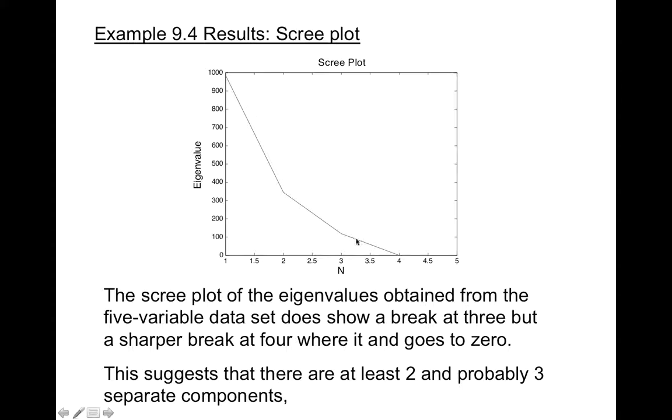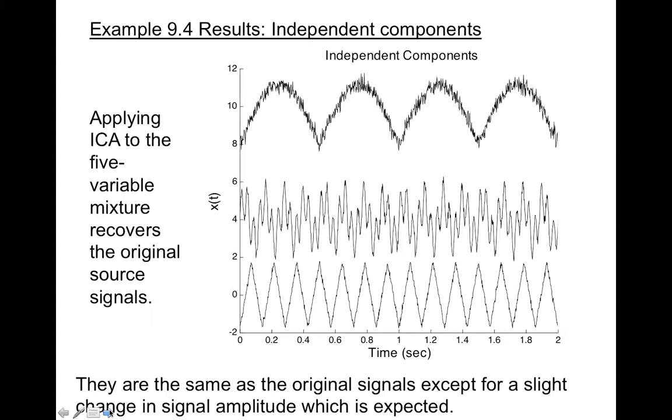Here is the scree plot also that indicates we probably have three variables, at least two, possibly three separate components. After independent component analysis is applied to that mixture, you can see that we do generate a pretty good representation of our original three components that we used in that mixture.